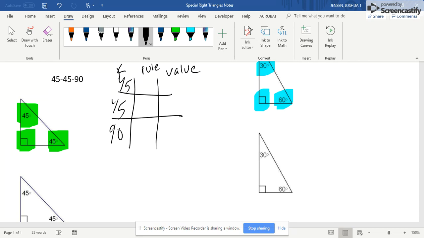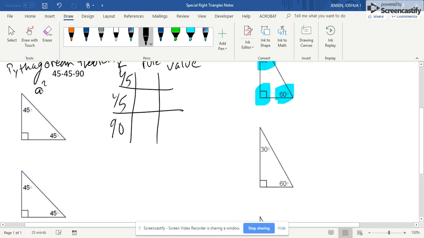The reason why we're covering special right triangles is because they give us a way to find the sides of each triangle. If you remember with right triangles, you can use the Pythagorean theorem, which is a squared plus b squared equals c squared, where a and b are the legs and c is the hypotenuse.